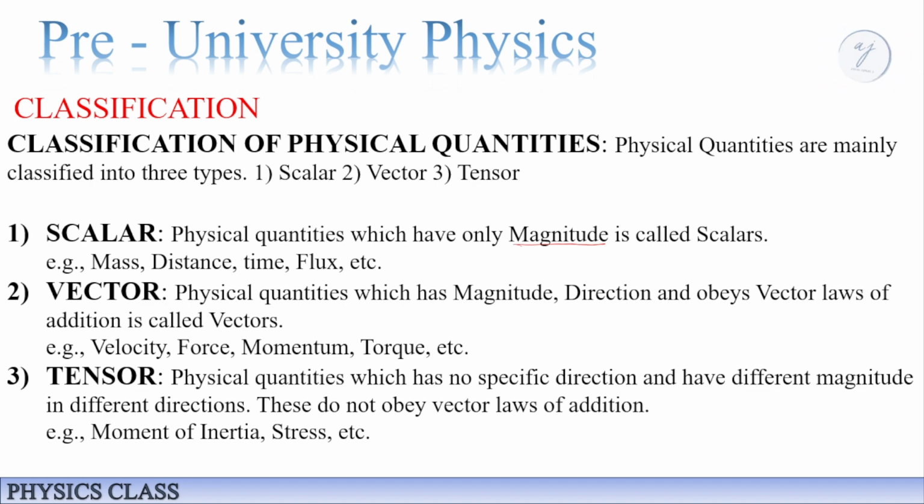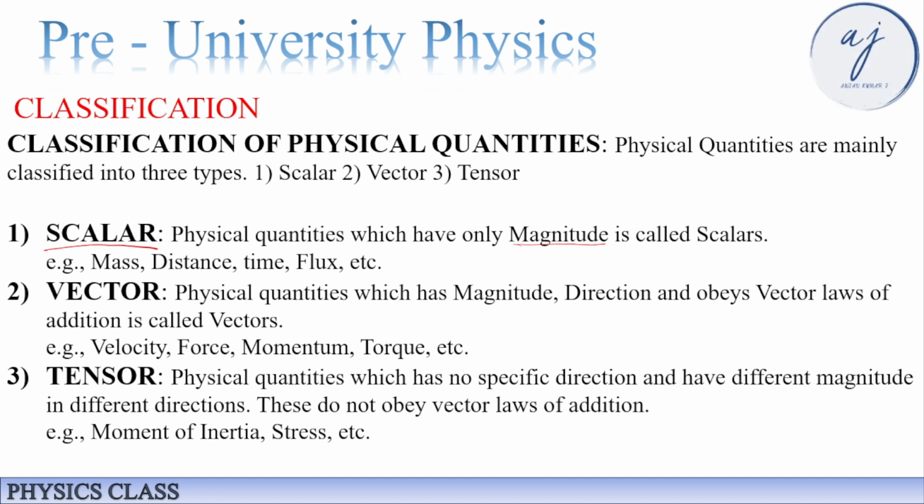If you go to a retail shop and buy 10 kg of rice, here the substance is rice. How much have you bought? 10 kg. That gives you the magnitude. The amount of substance gives you the magnitude. Such physical quantities can be listed under scalar.